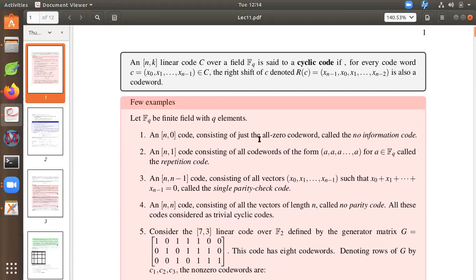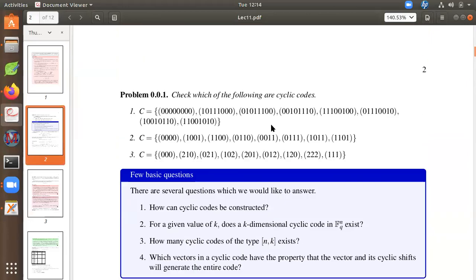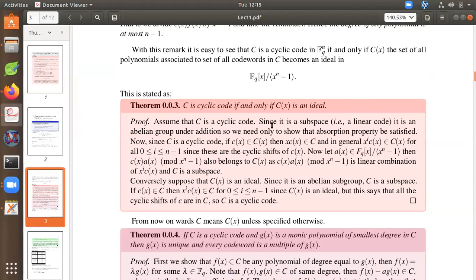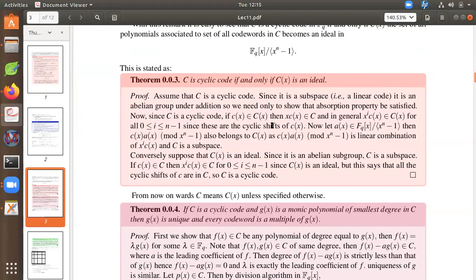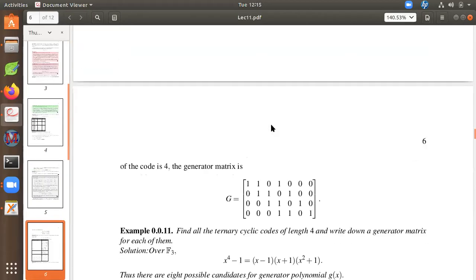A cyclic code is a linear code with the extra property that if I take a right shift, that is also a code word. So if you take any code word x0, x1 up to xn minus 1, its right shift is also a code word. There are many advantages here. I gave a lot of examples, but I have limited time, so I'll come back to this.